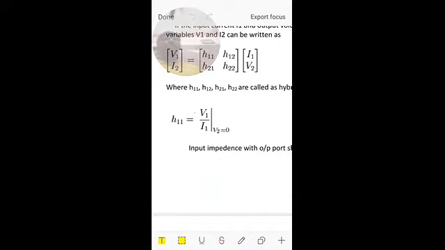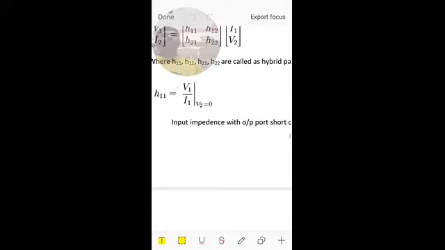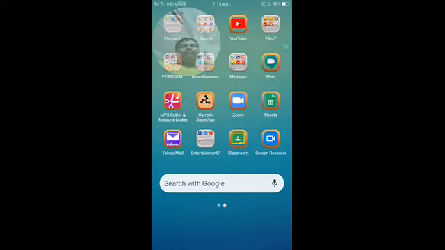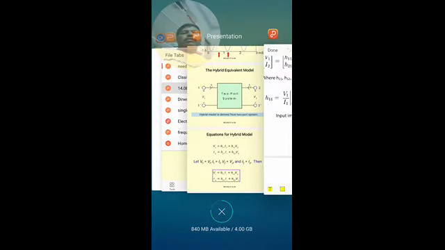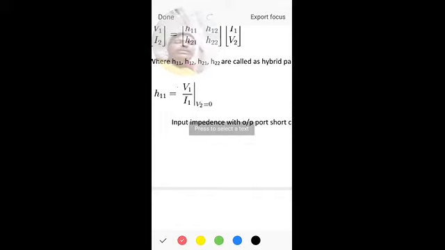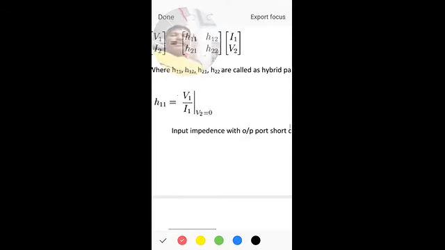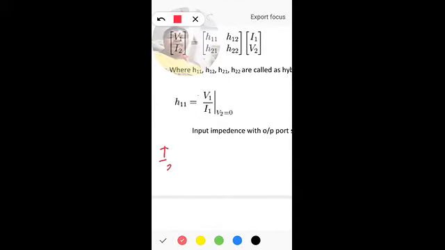Similarly, we can find the parameters. We can write the equation of I2: h21 I1 plus h22 V2.